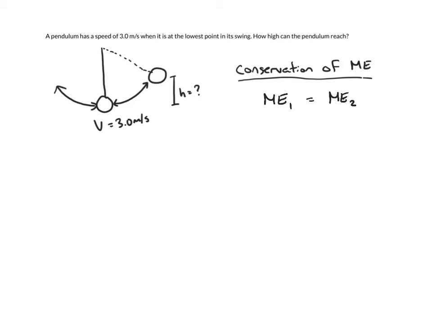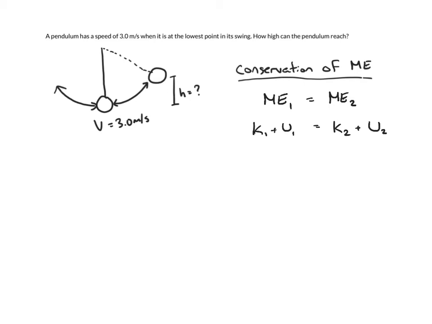So mechanical energy is kinetic energy plus potential energy. So I'll just change ME to K plus U. All right, and then there's 4 terms right now in this equation I have here.